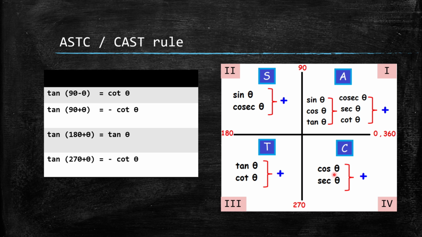We need not check for cot. We have to check whether tan is positive or negative. Here tan is negative, therefore we write minus cot theta. We have changed from tan to cot because it is 270 plus theta. We have to change if 90 plus or minus theta is given or 270 plus or minus theta is given.